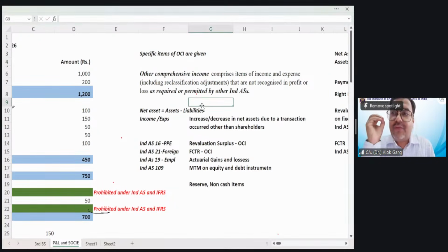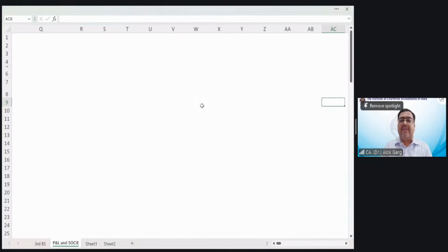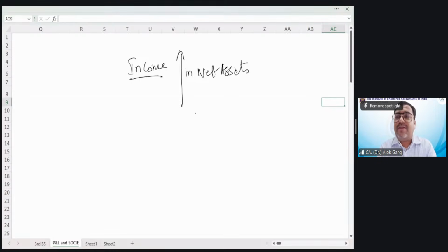What is the definition of income? Coming from the framework, what is the definition of income? Income means increase in net assets. Okay.